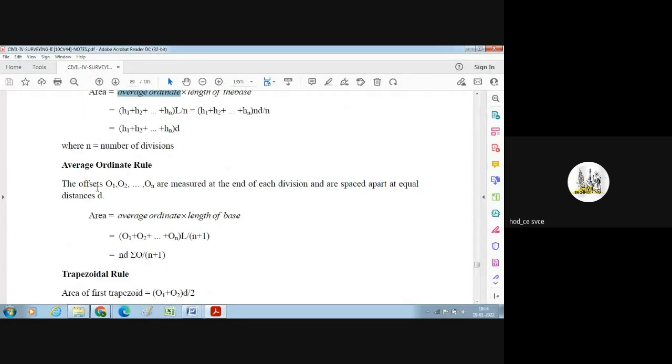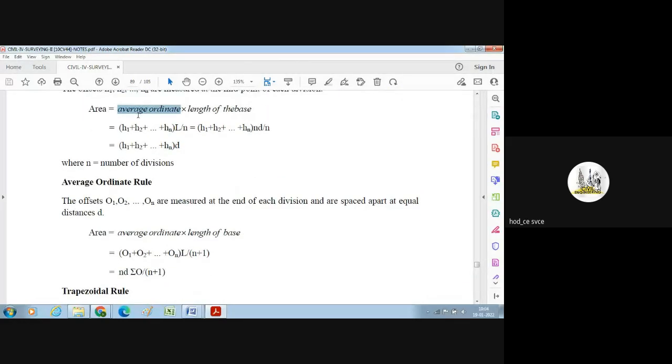Here we have calculated only for the H1, H2, the average. I mean, only the mean depth was averaged here and multiplied with length. That is, as you know, the formula for area, the length into breadth. So the same formula we have used here. So the total mean depth we averaged and then multiplied with length.